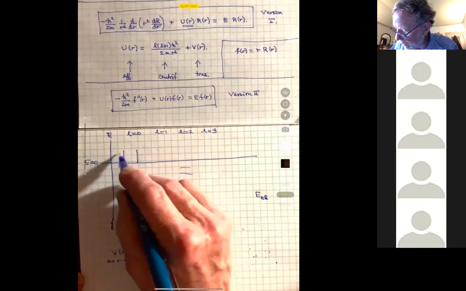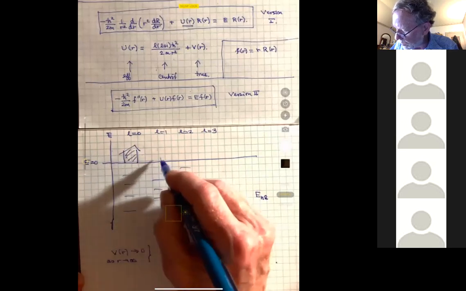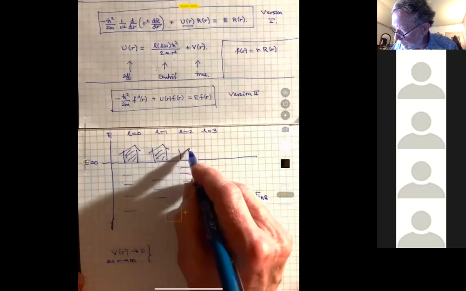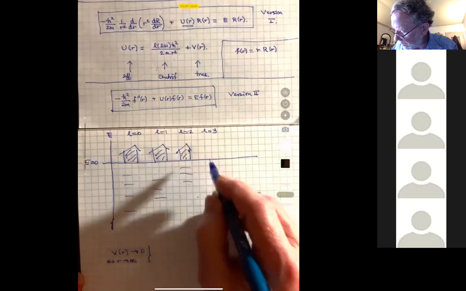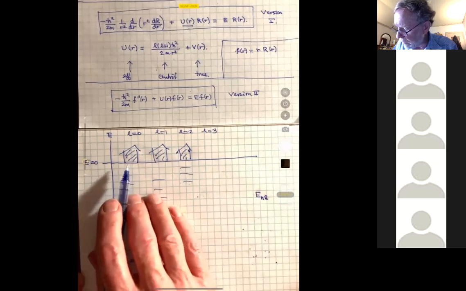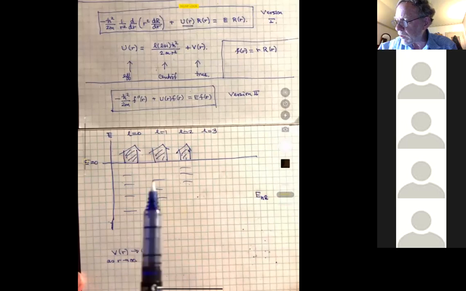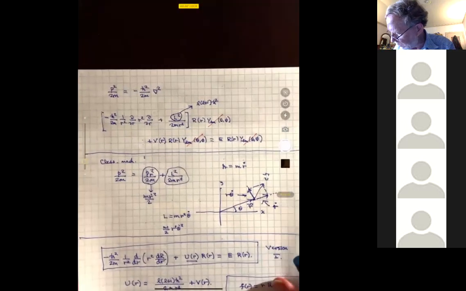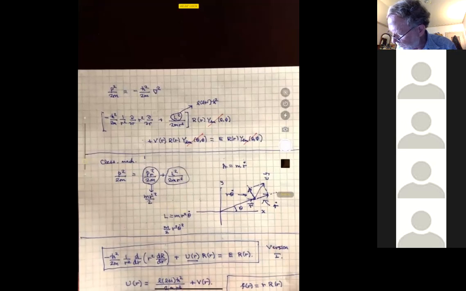I'll just indicate it here by arrows going up like this for all the different l values. The different l values don't affect the fact that the continuum starts at E equals 0. The reason is that the centrifugal potential is a constant over r squared, so it goes to 0 as r goes to infinity.